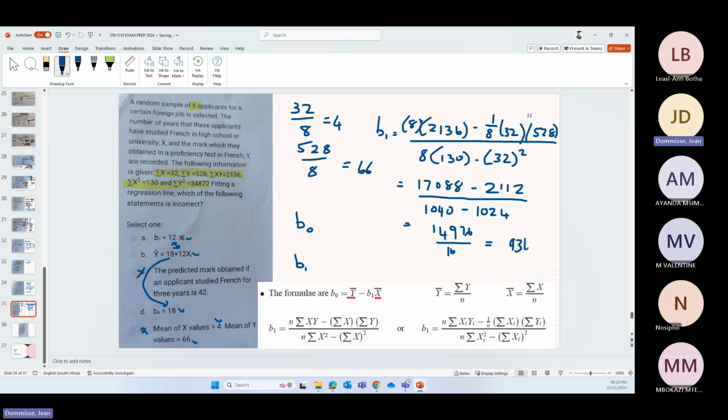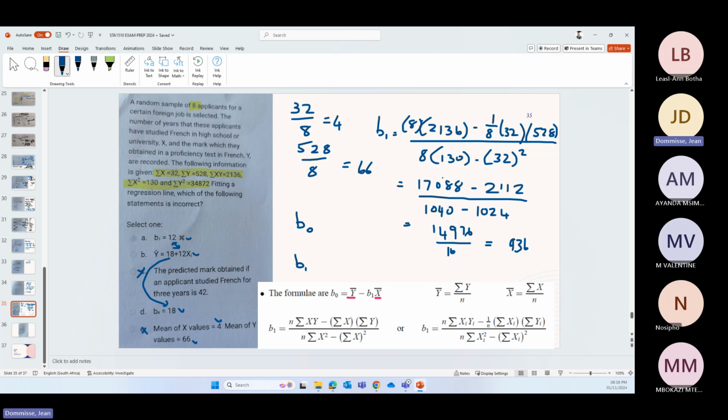So somewhere, let's just quickly check again. N sum of x, y, 2136 minus 1/8 sum of x, sum of y. 8 times 2136 is that, so that is also correct. So let's then check n is 150.